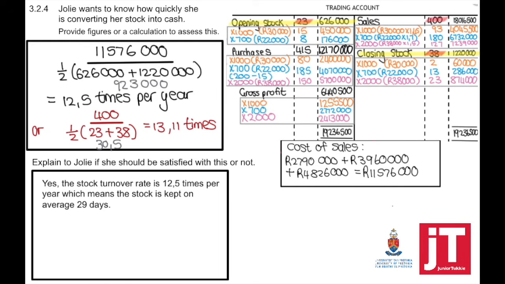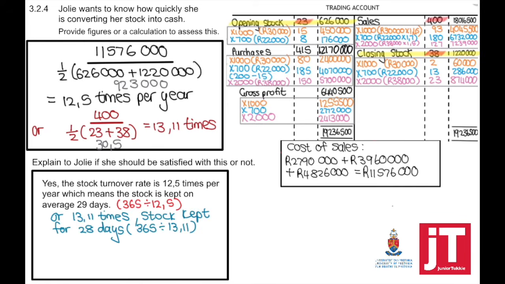13.11 times or 12.5 times per year, yes, the stock turnover rate is 12.5 times per year, which means the stock is kept on average 29 days. If you take 365 divided by 12.5, you will get 29 days.